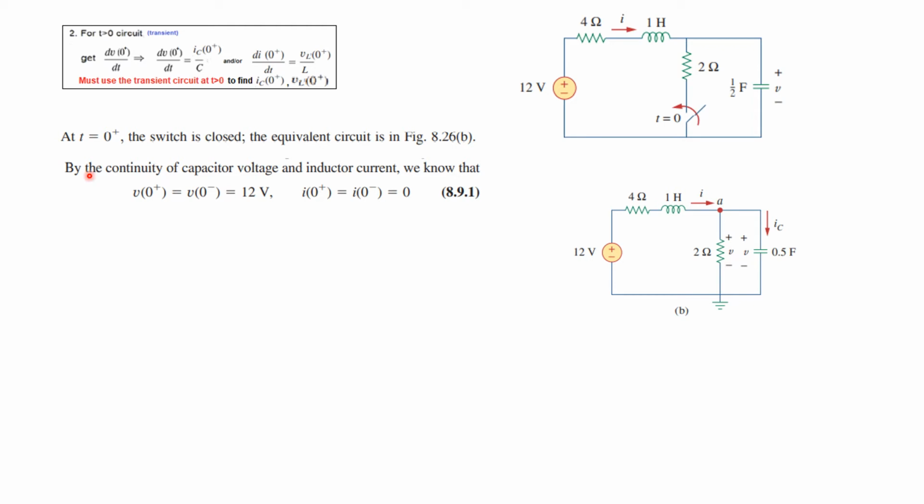And by continuity of the capacitor voltage and inductor current, we know that the voltage at 0 minus will be same as voltage at 0 plus, and which was 12 volt. Similarly, we know that current at I0 minus is equal to current at I0 plus, which was 0. So we got these two conditions for V0 plus and I0 plus.